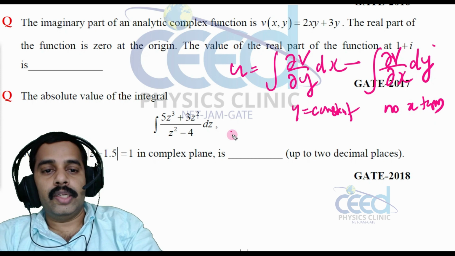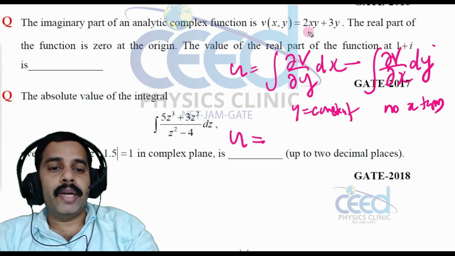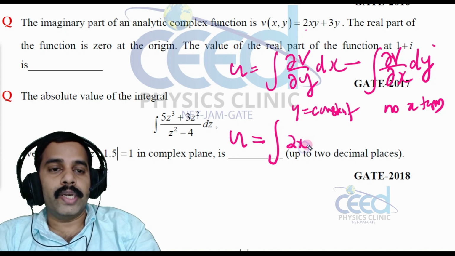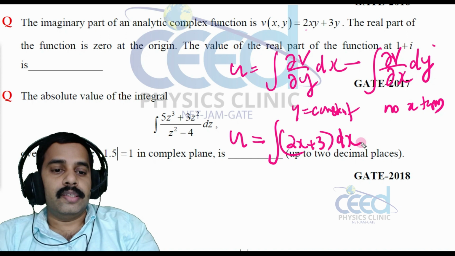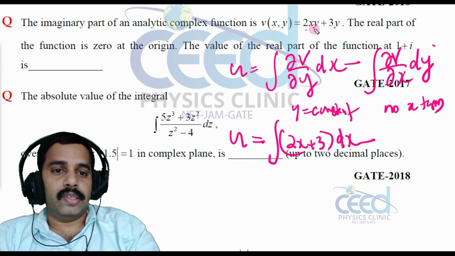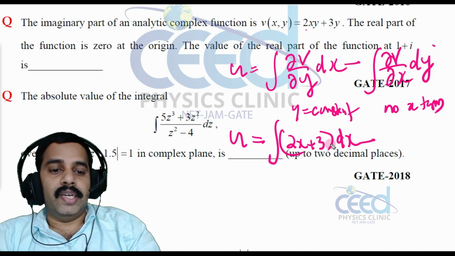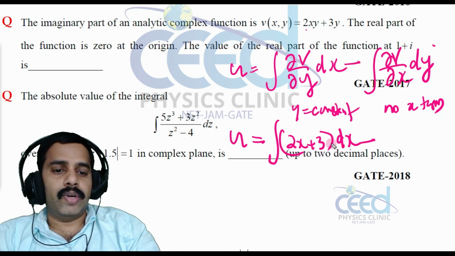So here u is equal to, what is dou v by dou y? That is, u is the integral of 2x plus 3 dx, right? Minus, y is treated as a constant when we integrate, and we have no x term here, so that's not a matter.